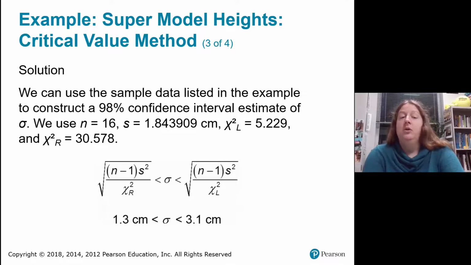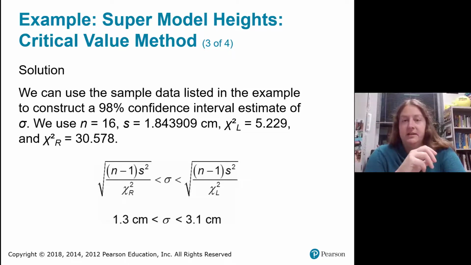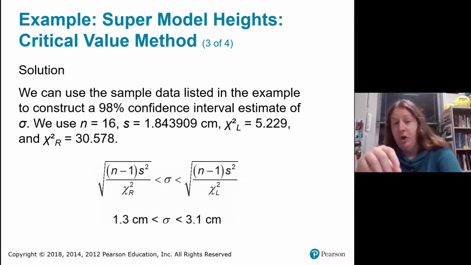Then we go into table A4 and find our chi-square left and our chi-square right value. The chi-square left value is the one that has 0.01 as the area to the left, and the chi-square right value, or chi-square sub r, is the one that has 0.01 as the area to the right.